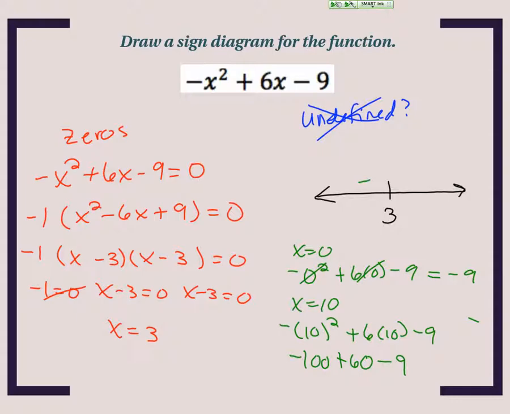Now, with my mental math, I don't really feel like getting an answer for that, but can you guys tell if that's going to be positive or negative? Negative, right? Negative 100 is way more than a positive 60. So whatever it is, it's going to be negative. So there I go with negative. Are there any questions?